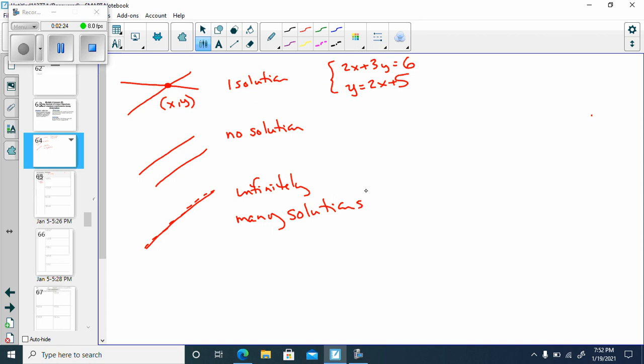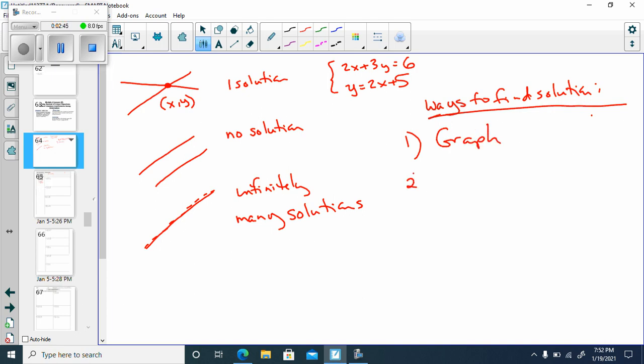Now, there are ways to find the solution of a system of equations. One is to graph the two lines. If you graph the two lines, you could read the xy value off the chart. We did that earlier. The second way is substitution. That's when we plug in an expression for one of the variables.